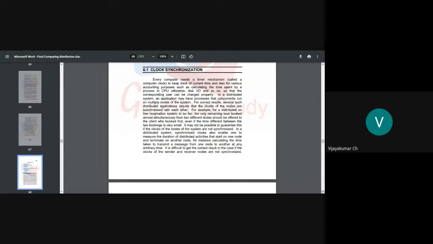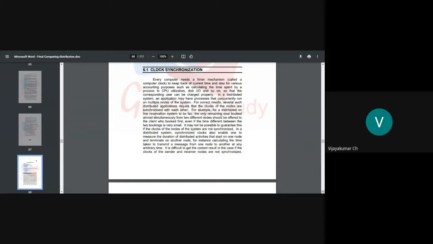They are used to keep track of current time and also for various accounting purposes, like calculating the time spent by a process, its CPU utilization, disk input output operations, like that.